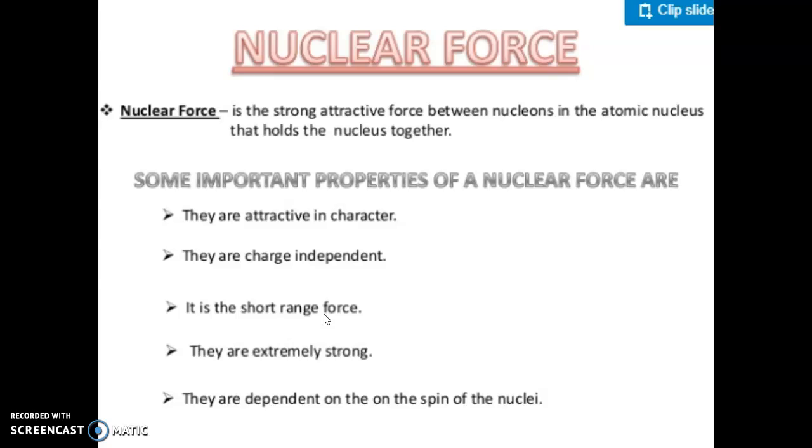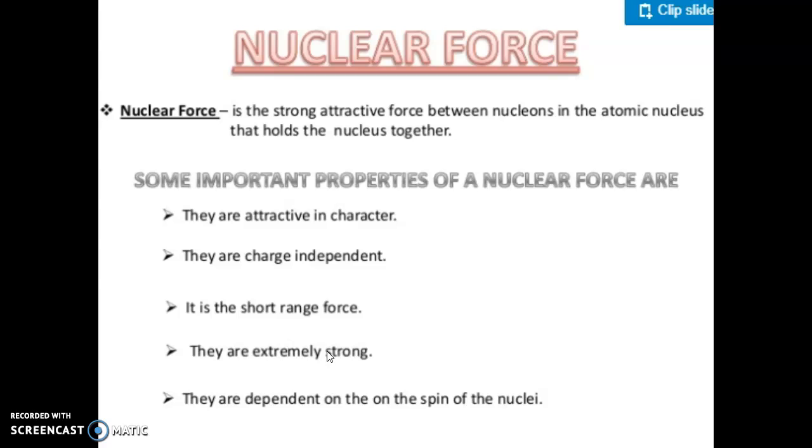They are extremely strong. You might be familiar with nuclear fission and fusion. When a nucleus dissociates, a large amount of energy gets released, and that's why we use that energy to produce electricity also.